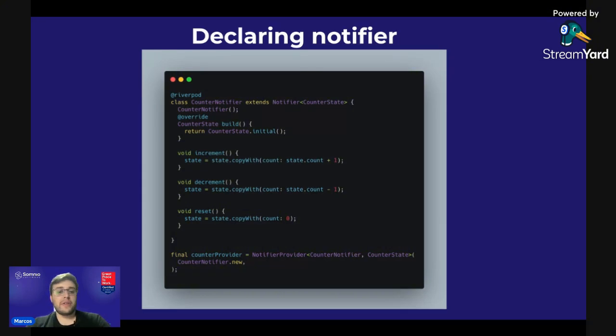In Bloc, everything is private because we are communicating using events and getting the information by the state. And the last difference is the way we provide this notifier. We just need to create a counter provider, and it will be provided to every widget in our application.